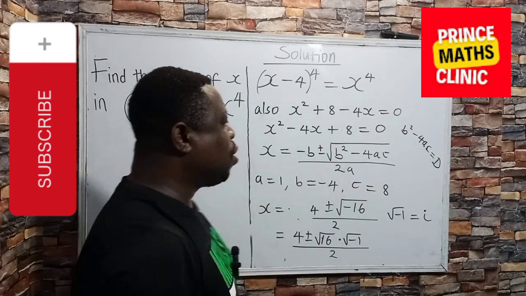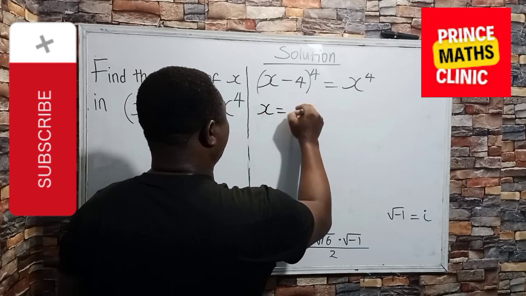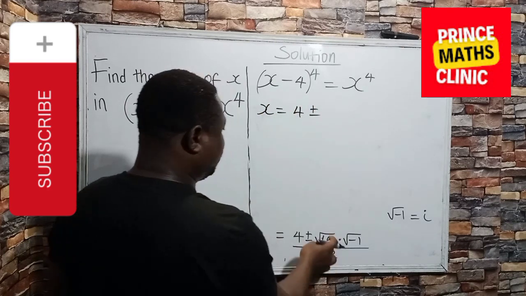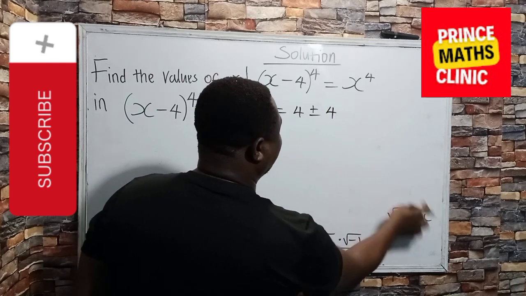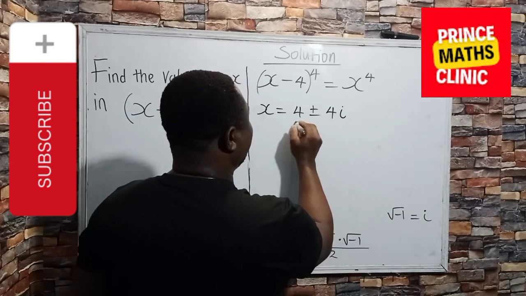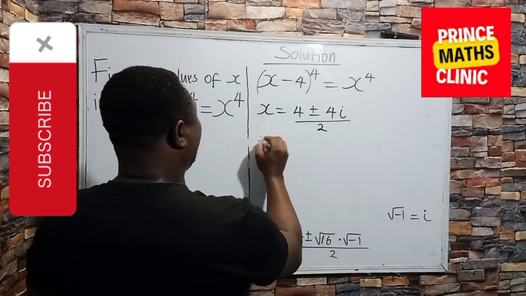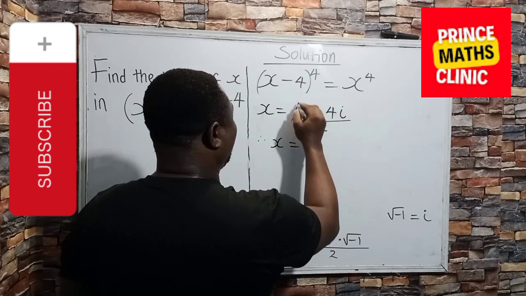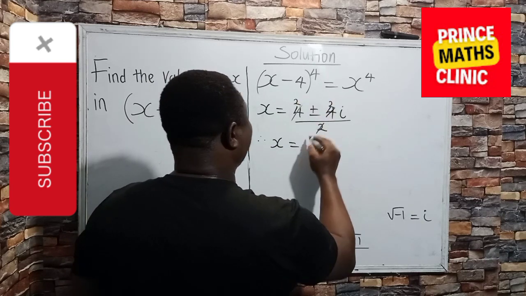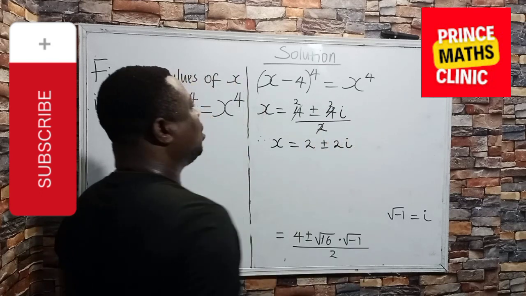We know that the root of minus 1 is simply iota. Iota simply means a complex number. So this is 4 plus or minus the root of 16, which is 4, times iota, so I just put i here, everything divided by 2. Therefore, my x will be, 2 can go into 4 2 times, so this becomes 2 plus or minus 2 iota.